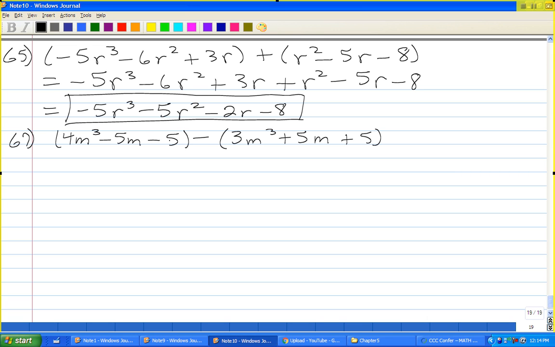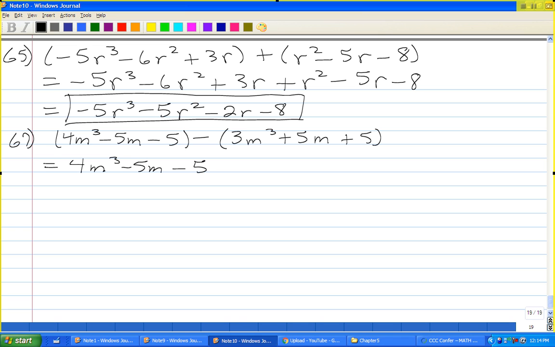So in problem 67, I want to subtract 3m cubed plus 5m plus 5 from 4m cubed minus 5m minus 5.